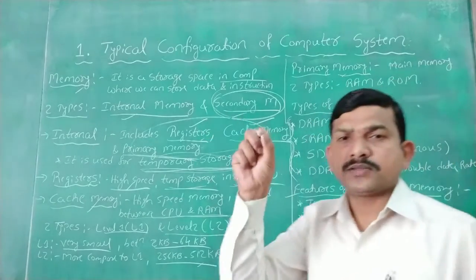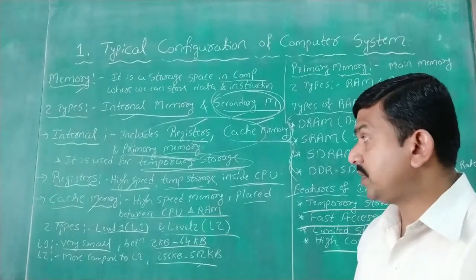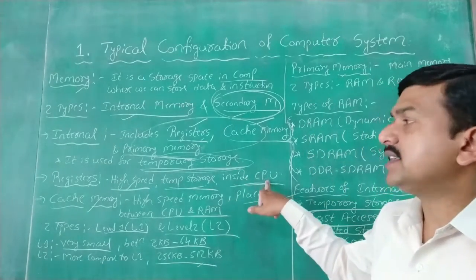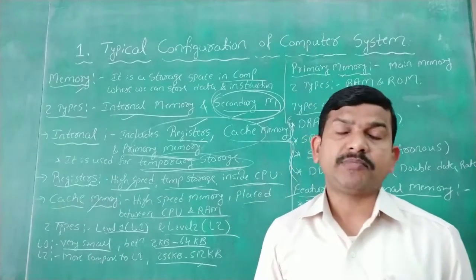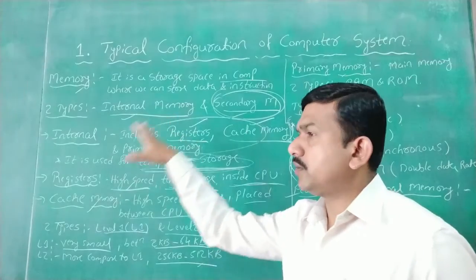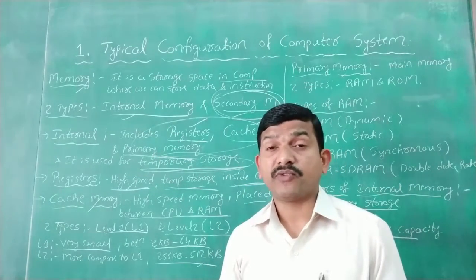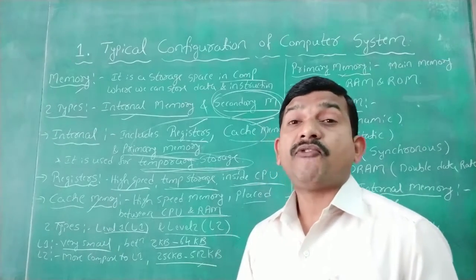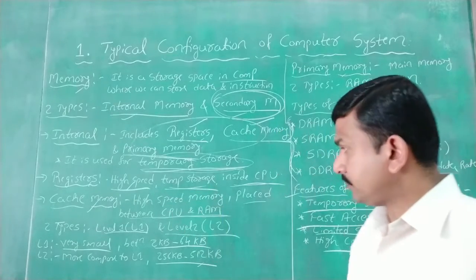A register is a device which contains high speed memory. We normally call it high speed memory as well as temporary storage, which is inside the CPU. Second, cache memory is the fastest memory, which resides between the CPU and RAM.